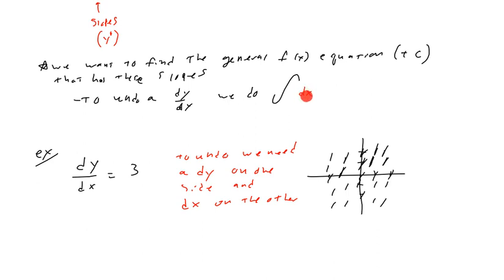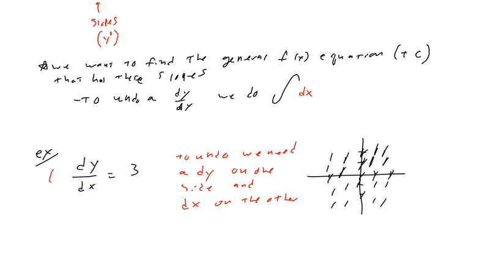Which variable are we doing an integral of? We need this dx in our integration. So to undo the derivative, we need to have a dy on the one side. We're going to keep this dy piece on one side, and this dx is going to move to the other side of the equation. We're going to treat this dx like it is a variable. It is describing the direction of our integration, the direction of our variable.